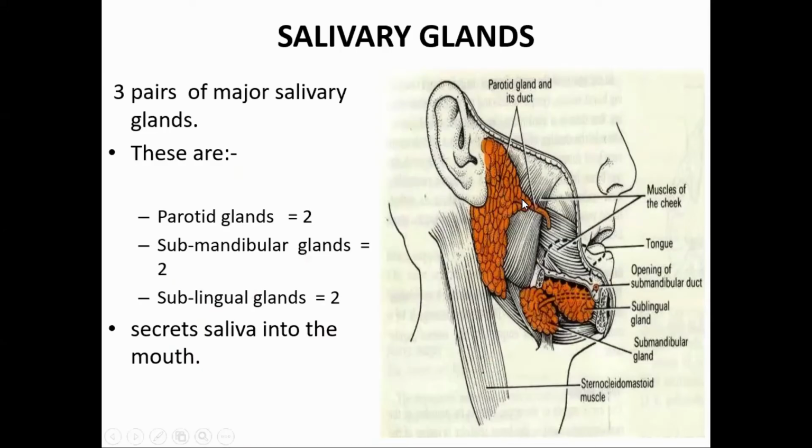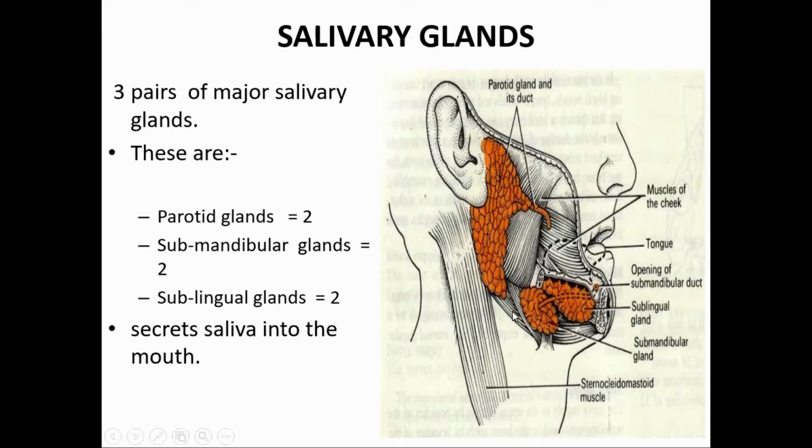See here. Where does the parotid gland lodge? It lies in the parotid region. What is the boundary of the parotid region? Anteriorly is the posterior border of the ramus of mandible. Posteriorly is the mastoid process and sternocleidomastoid muscle.